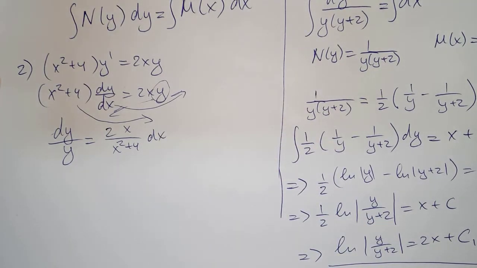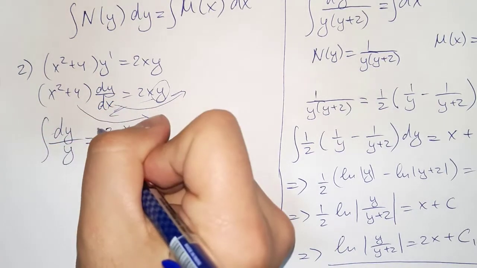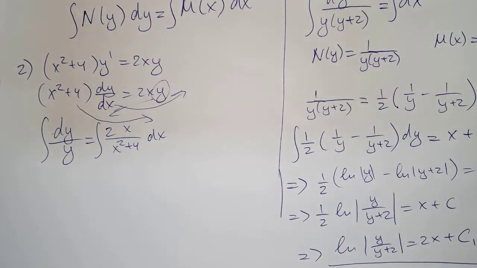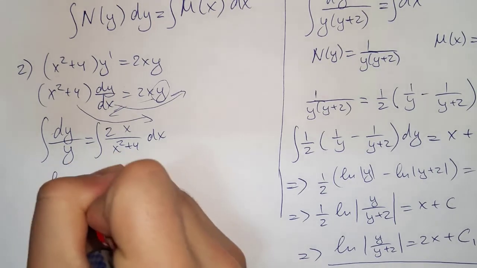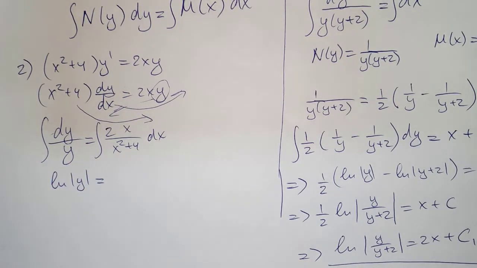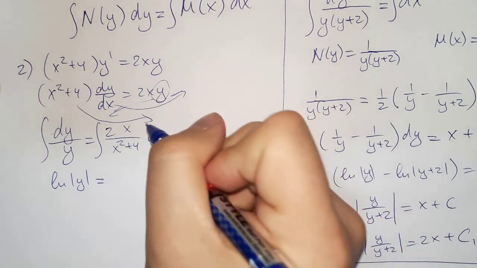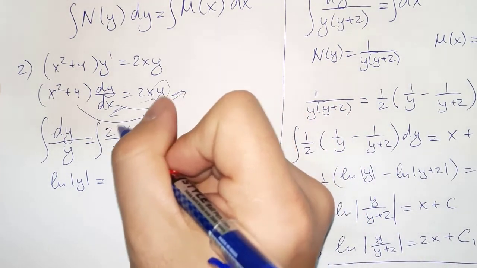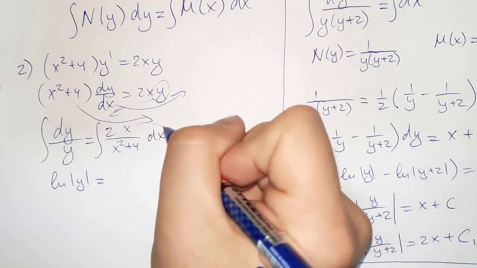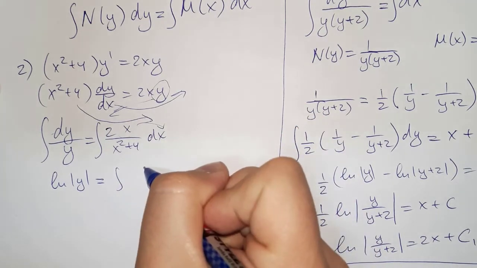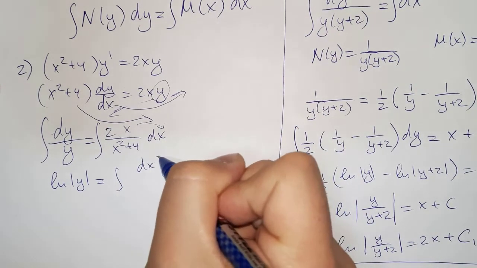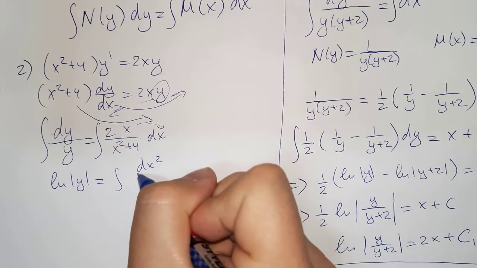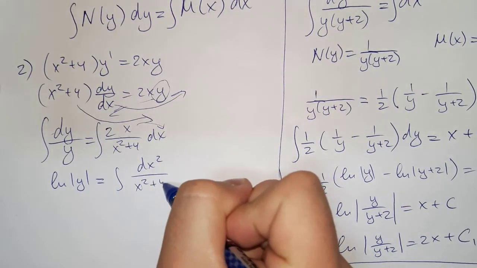We get this expression, and after integrating, we have natural logarithm of y equals the integral of 2x over x squared plus 4 dx. Now look here, we can write 2x dx in differential form, as d of x squared, over x squared plus 4.